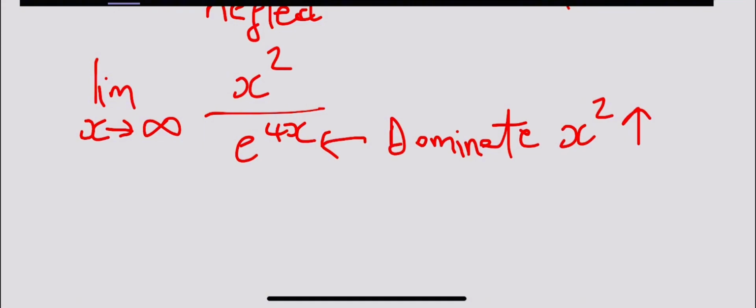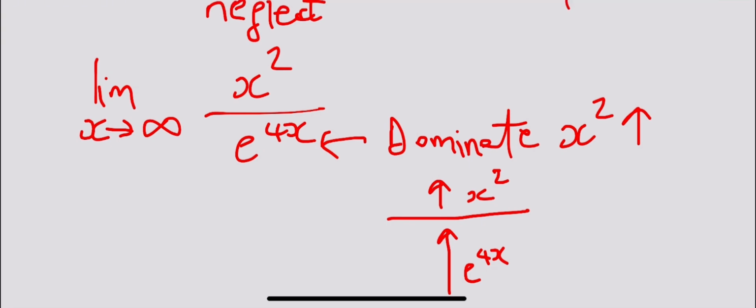Yes, x squared is going to increase if you substitute infinity, but it will increase at a slower rate than e to the 4x. It's more like we represent it like this: this represents x squared, and this represents e to the 4x. This is how they grow.